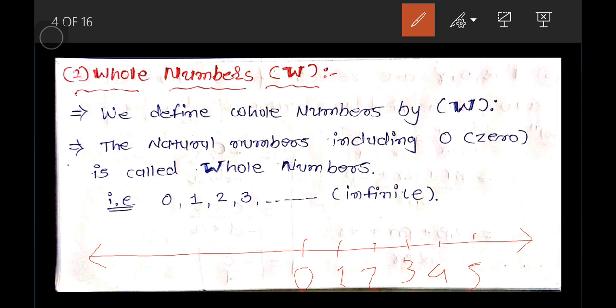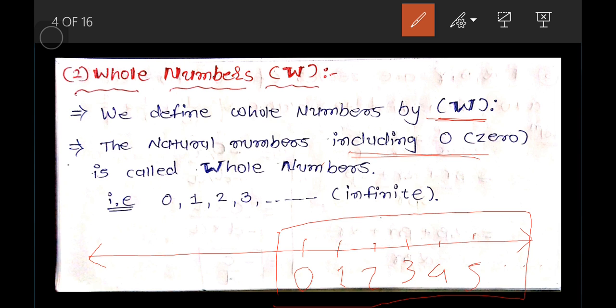If we include 0 with the natural numbers, natural numbers plus 0, then it will be the whole numbers. We denote whole numbers by capital W. So the natural numbers including 0 are called whole numbers.